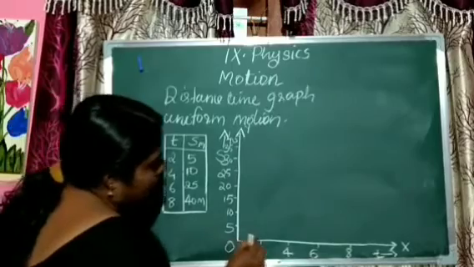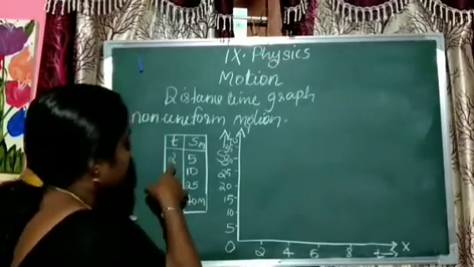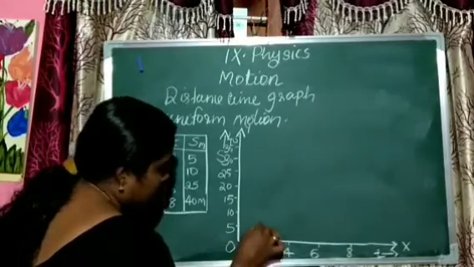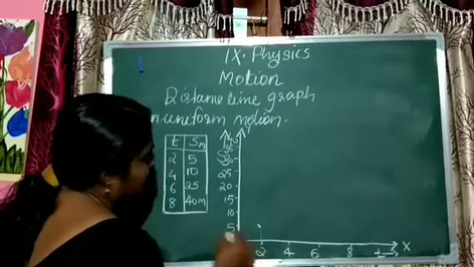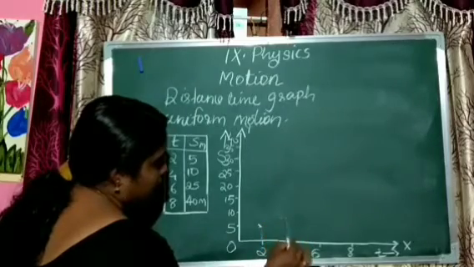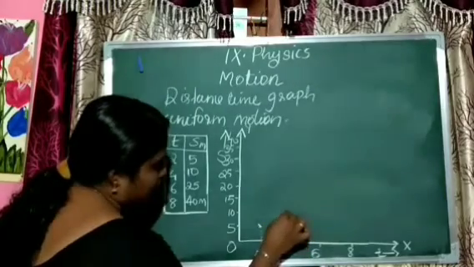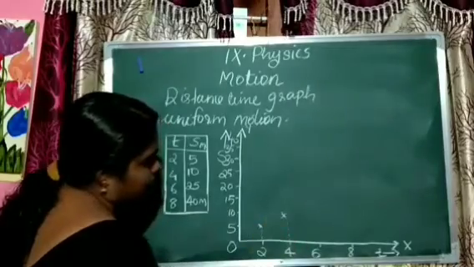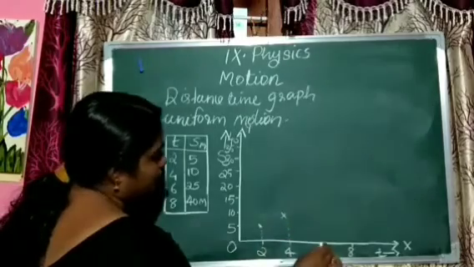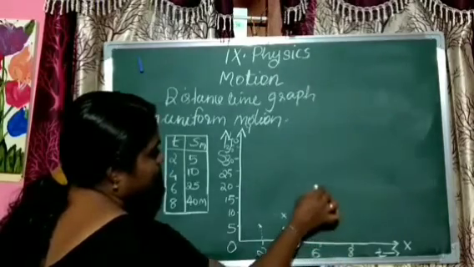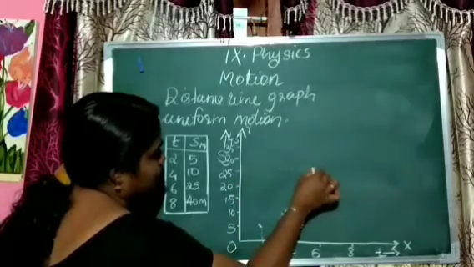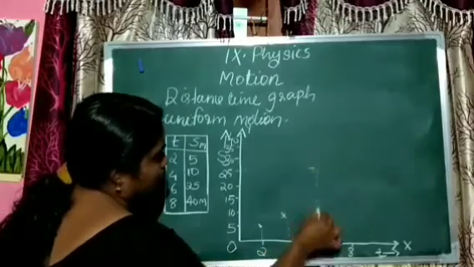So we can mark the points the same way. After 2 seconds, the object travels a distance of 5 meters. This is the point. Next, after 4 seconds, it travels a distance of 10 meters. Next, the object travels a distance of 25.